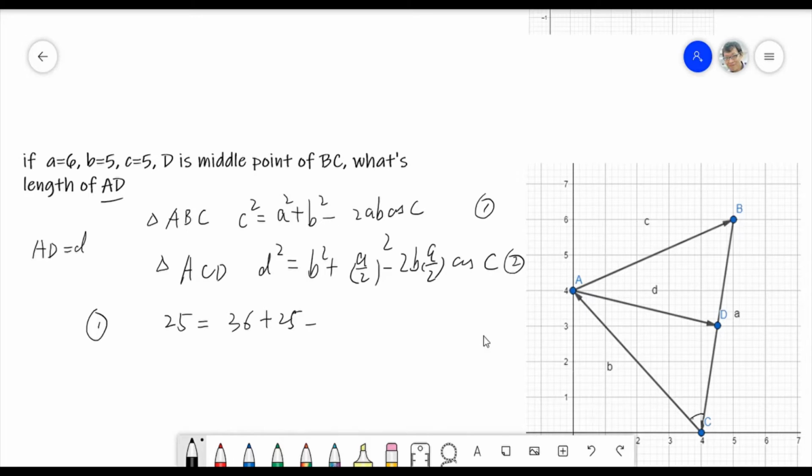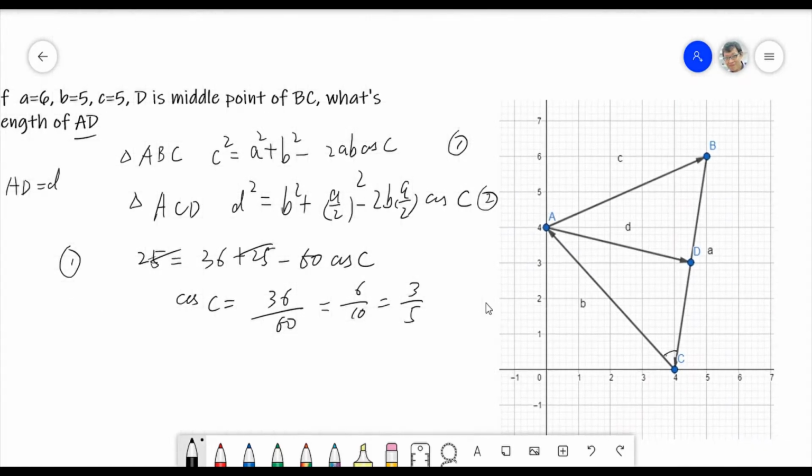Minus 2 times ab. a and b multiply to 30, so it's 60, and cosine C. So cancel 25, and negative 36, so cosine C equals 36 over 60. If we simplify it, we get 6 over 10, and then 3 over 5.